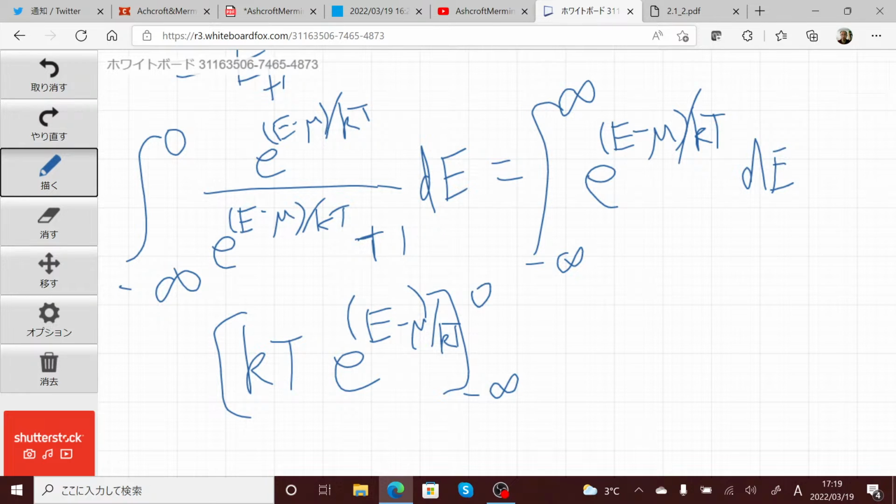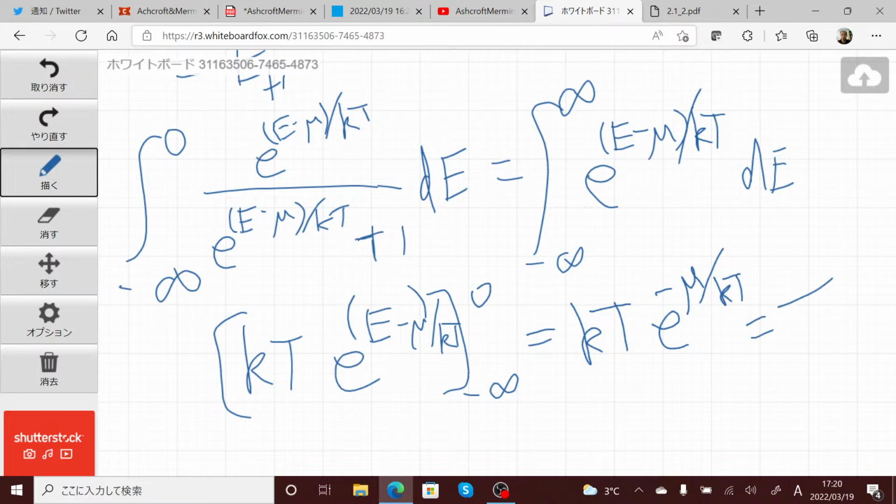So this is kbt exponential minus mu divided by kt.